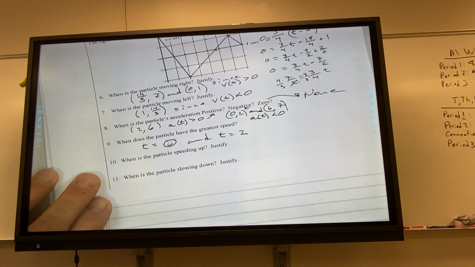Alrighty. So what I see is basically from 0 to 2, the line is the steepest. Therefore, it is the fastest. So on the graph, from the x value of 0 to the x value of 2, it is the steepest. So it's going the fastest. Or am I wrong?